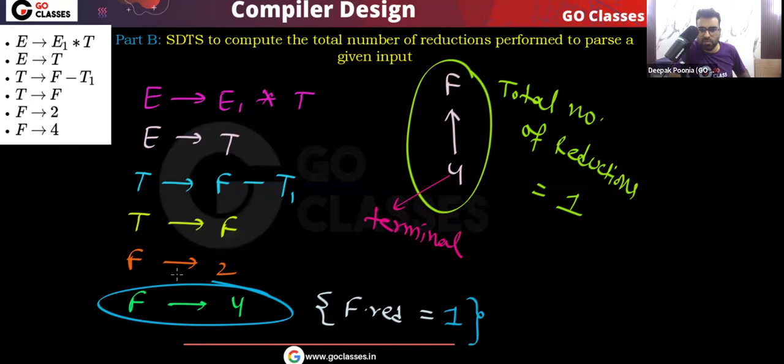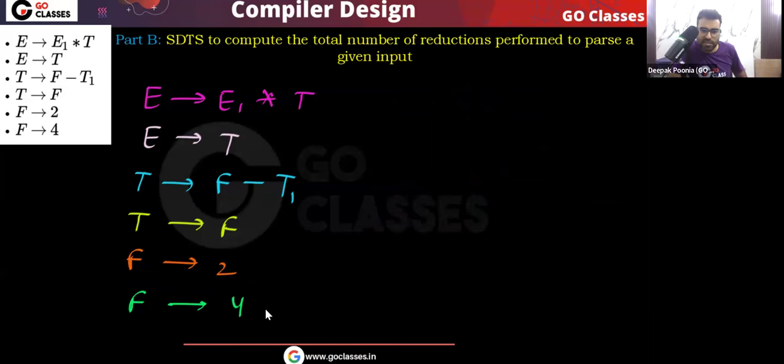Very easy. Similarly, corresponding to this one also, f.red will be equal to 1. For these simple productions, f.red will be 1. And if 2 goes to f, then also f.red is equal to 1.